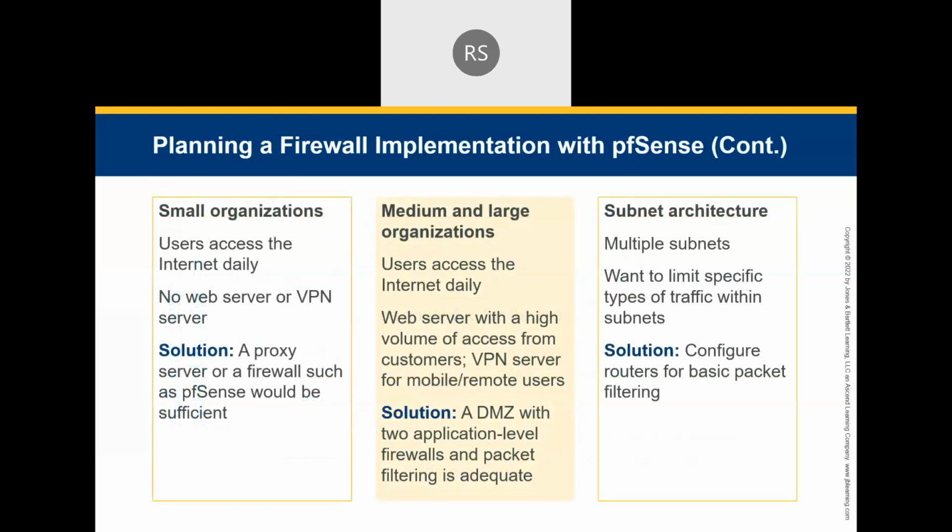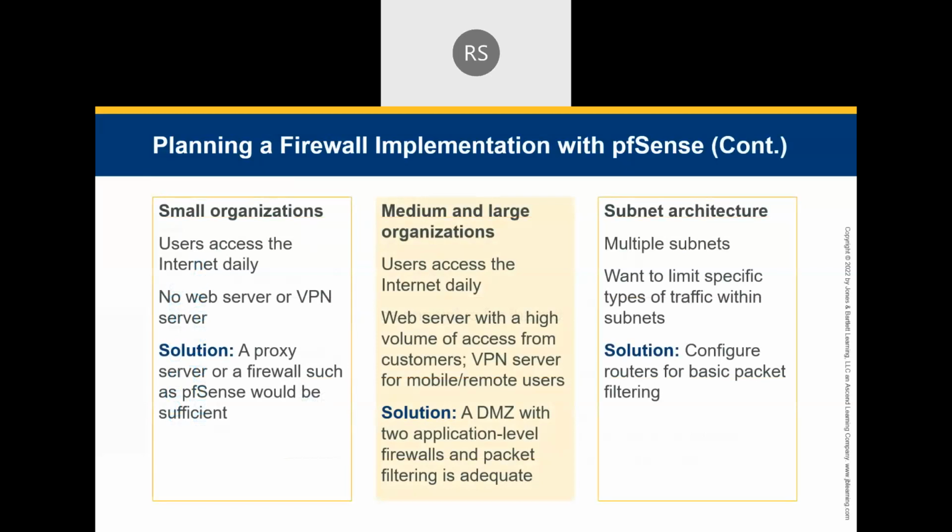So how does pfSense work for the size of your organization? When you look at small organizations, these are organizations where the users access the internet daily. They may have no web server or VPN server. So in this case, a proxy server or firewall such as pfSense would be sufficient.